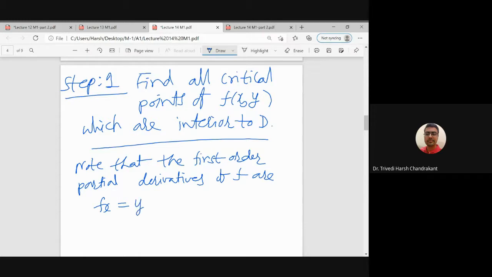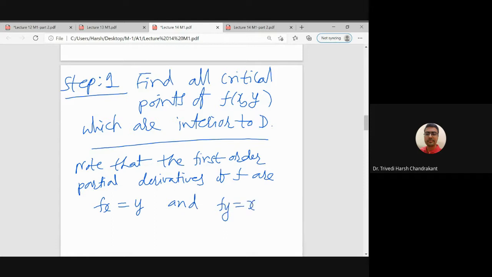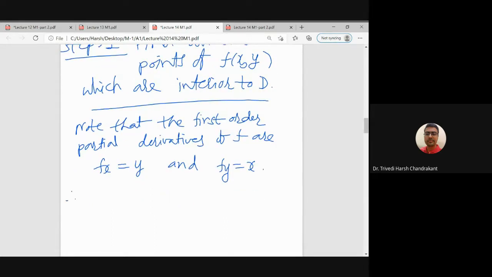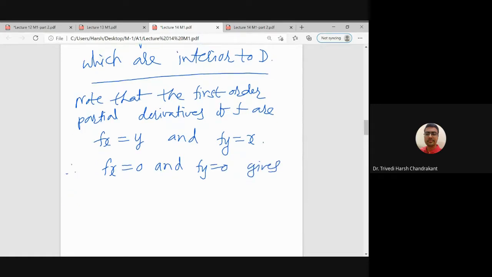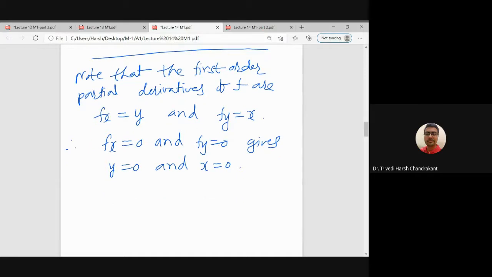So fx equals y, and fy is x. For the critical points we consider fx equals 0 and fy equals 0. So fx is y, that means y equals 0, and fy is x, so x equals 0. We get these two equations. So we get only a single critical point, that is 0 comma 0.